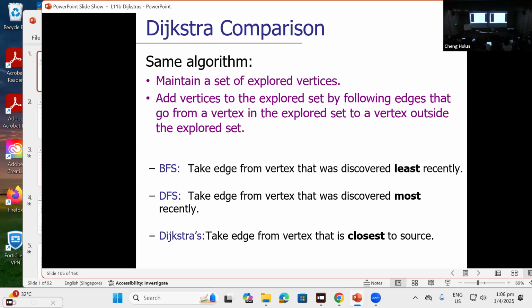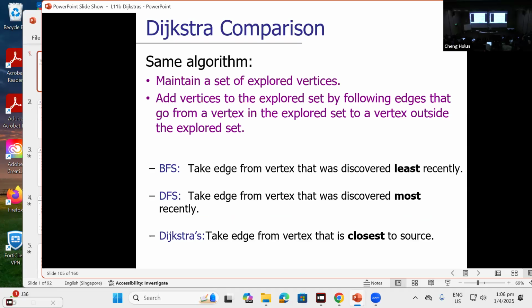Okay. So going back, three brothers. Remember how we did depth first search and breadth first search? We say breadth first search is every time you extract a vertex, you put all its neighbors into a queue. Depth first search is you extract a vertex, you put all its neighbors into a stack.